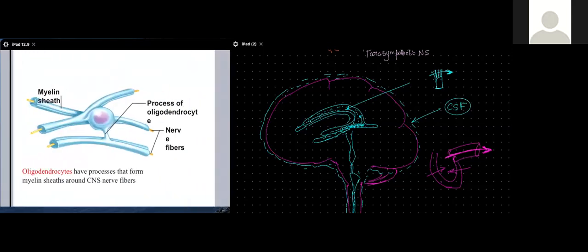Another neuroglial cell that we can see in the central nervous system is going to be my oligodendrocyte. Oligo means few. Dendrocyte, dendro means processes. So this is a cell on here that has few processes coming out.